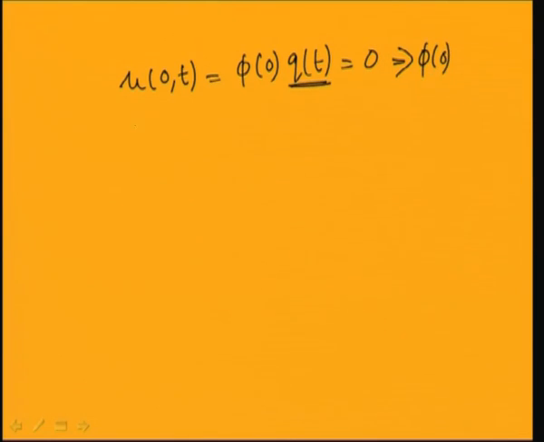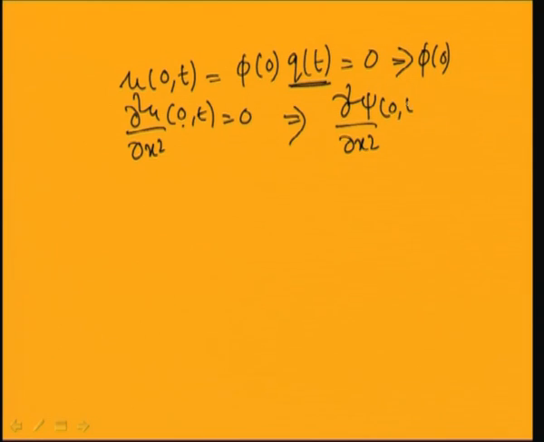Similarly, we can tell that ∂²u/∂x² at (0,t) equals 0. So this implies that ∂²phi/∂x² at x equals 0 equals 0.